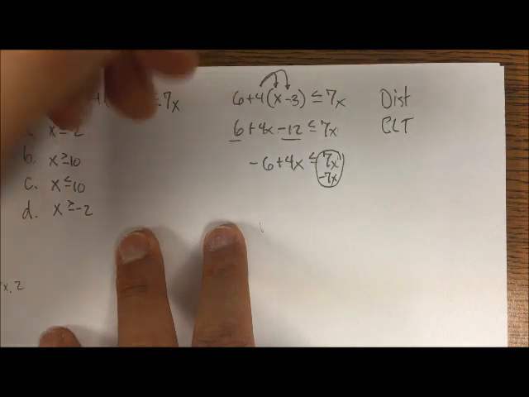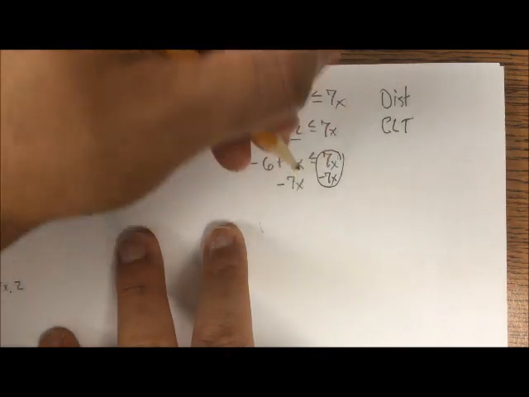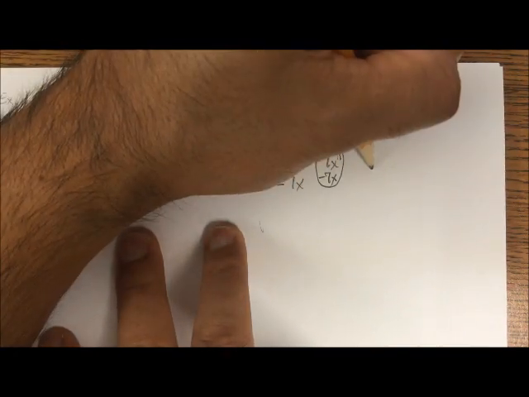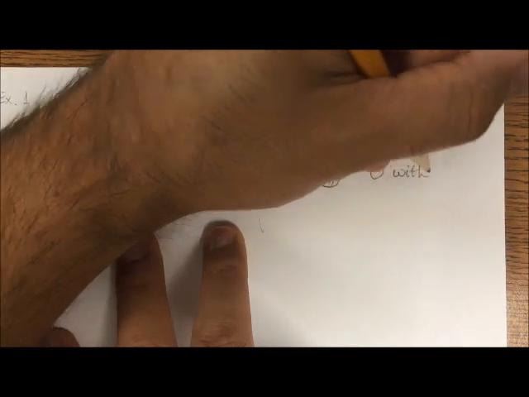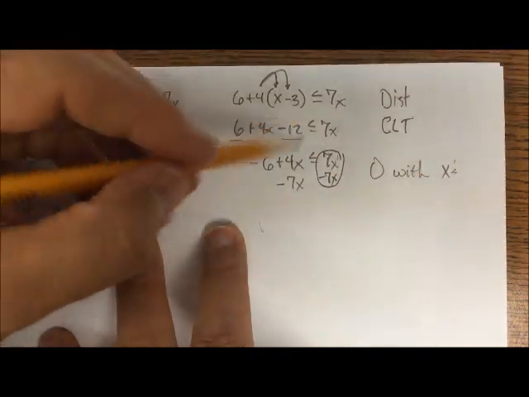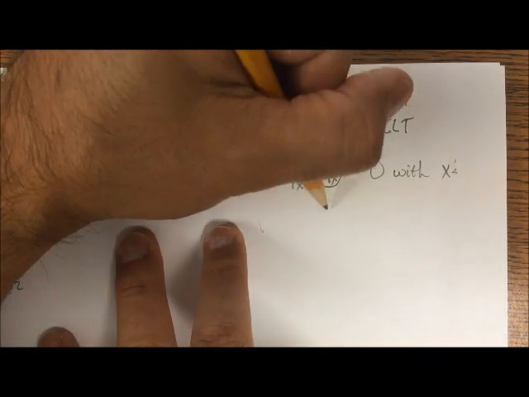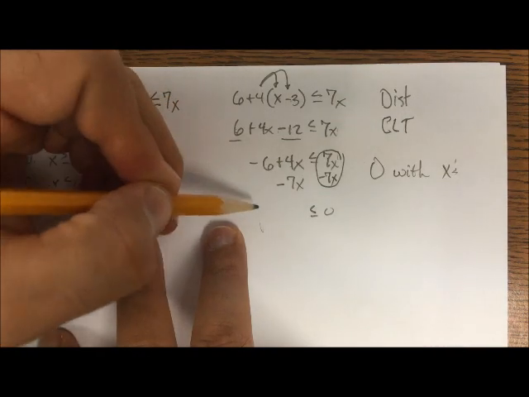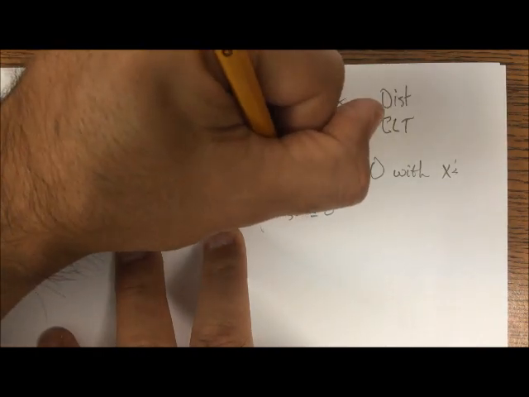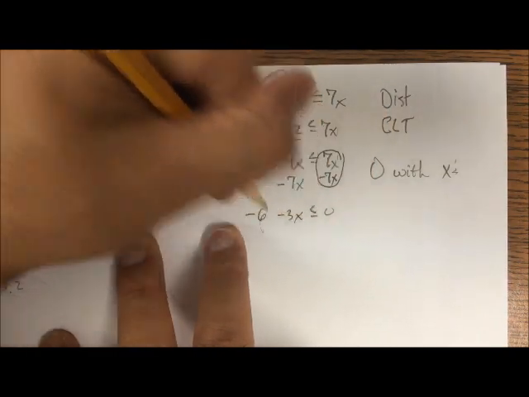If I do it on one side, gotta do it on the other side, 7x. So this next step is to make 0 with the x's. So now this is 0, less than or equal to 4 minus 7 is -3x, and then I'm going to drop down the -6.